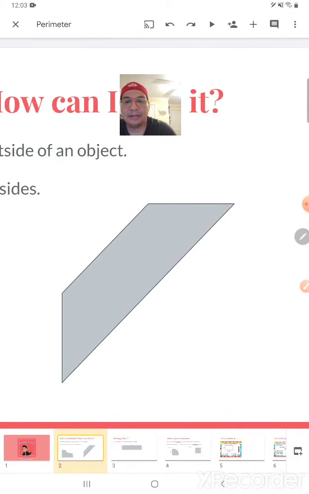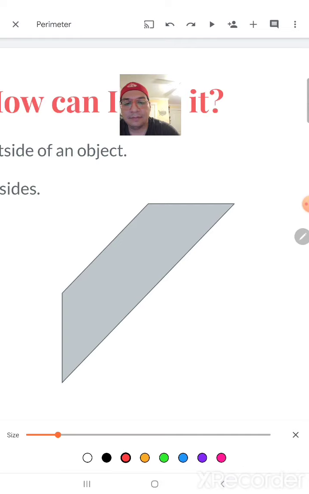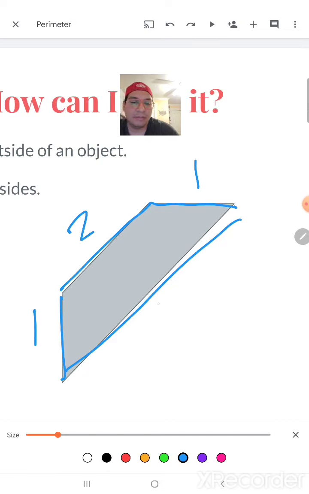So here we have our object, and we're going to measure the outside of it. Just for example, here we have a side. Let's call this number 2. This is going to be a 1, and I trace it, knowing that I already labeled it. This is 1. Let's say this one is also 1, and this one we'll call 4.